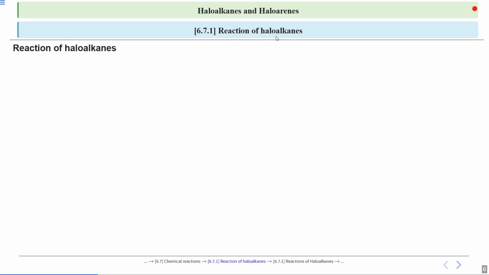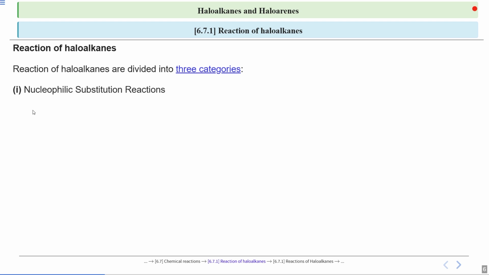6.7.1, reactions of haloalkanes. So let's see the haloalkanes reactions, how they happen and what are the types, right? What are the reactions they show? Reactions of haloalkanes are divided into three major categories. First, nucleophilic substitution reaction, where there is substitution of nucleophiles.